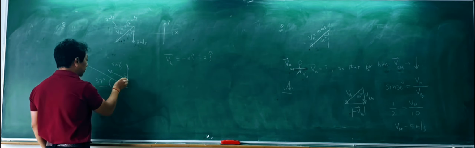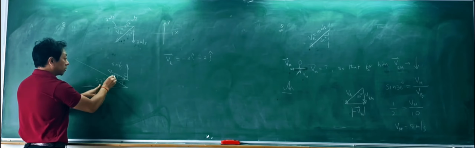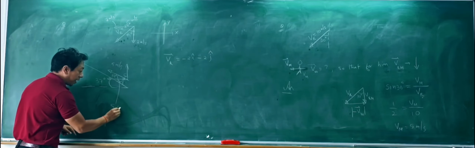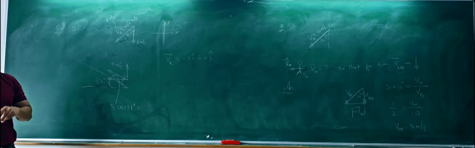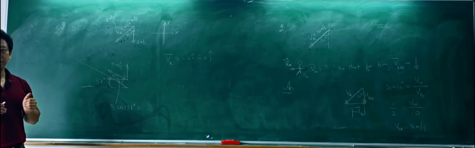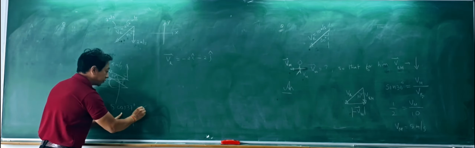Now tell me the man's velocity. The man will have two components of velocity like this. This is 37, which means this is also 37. So this component will be how much? 5 cos 37. Cos 37 was how much I told? 4 by 5. Because for 37, opposite is 3, no? Adjacent is 4. So cos 37 is 4 by 5. So this is 4.